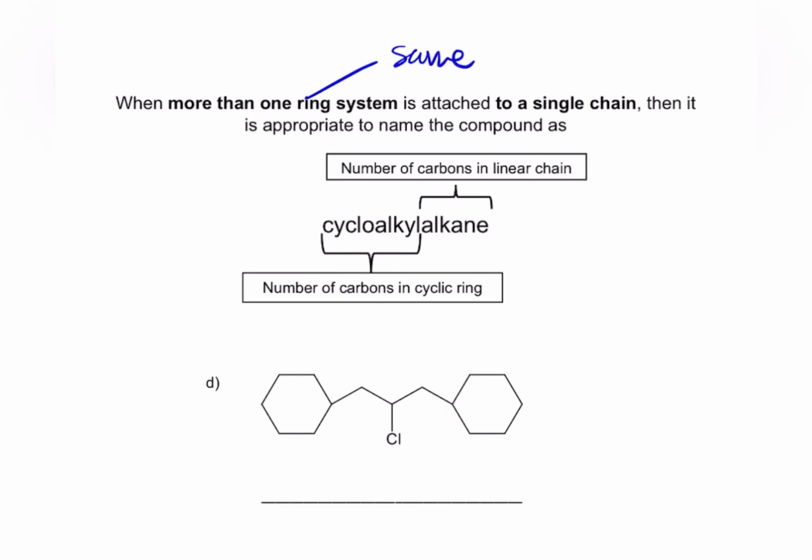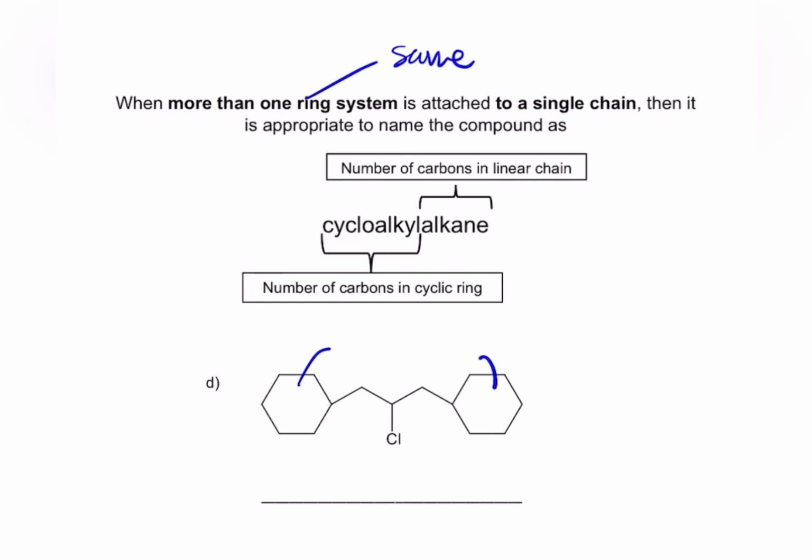How I give the name for this compound: I'm going to put cycloalkyl based on how many carbons are in the cyclic ring, and then I'm going to put my alkane as my family name. This depends on the number of carbons in the linear chain. So for example, I take D. Structure D, you got the rings, the same, 6 carbon atoms here. So this is my cyclohexyl.